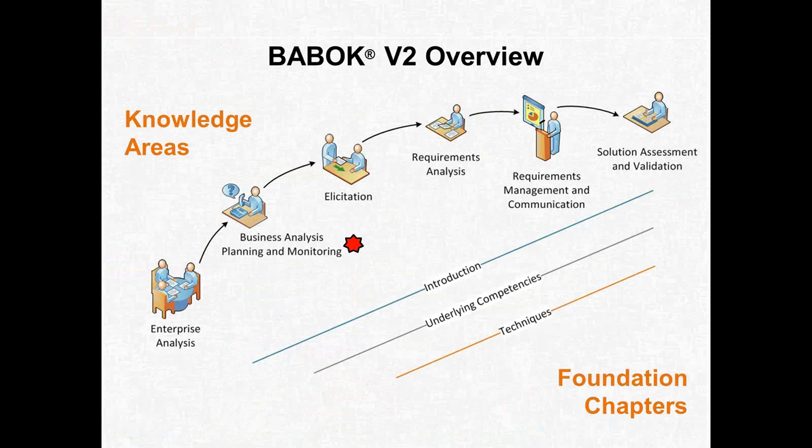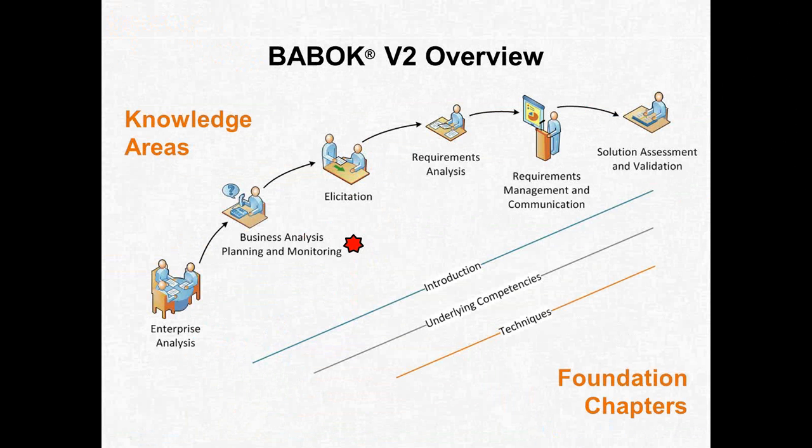So if you see this particular slide, there is a red star close to business analysis planning and monitoring. The reason we have this here is to mention very clearly that I am going to identify my stakeholders during business analysis planning and monitoring.